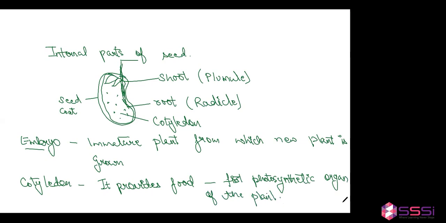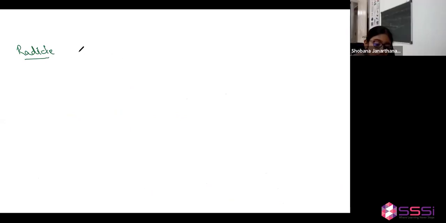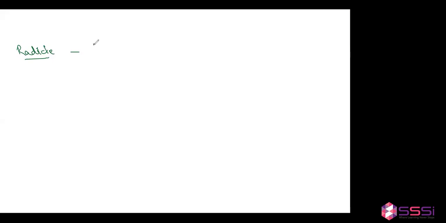Okay, should I move to next sheet, ma'am? Yes, ma'am. Okay. So next is radicle. Radicle means the root. Oh, okay, ma'am. Yeah, I got it. Yes. So radicle develops into root system.